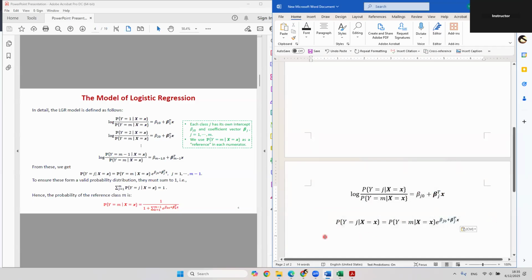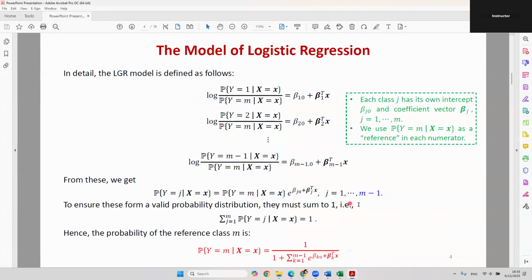So I have all these j's. And don't forget, be careful here: j goes from 1 to m minus 1, not equal to m, okay? To ensure this forms a valid probability distribution, the summation, which includes m itself, must equal 1.